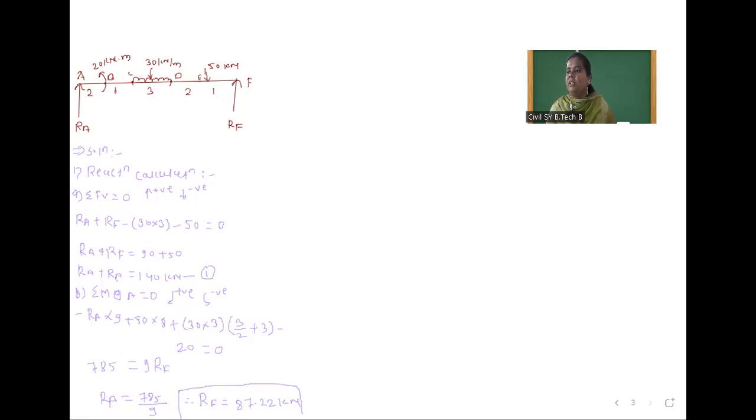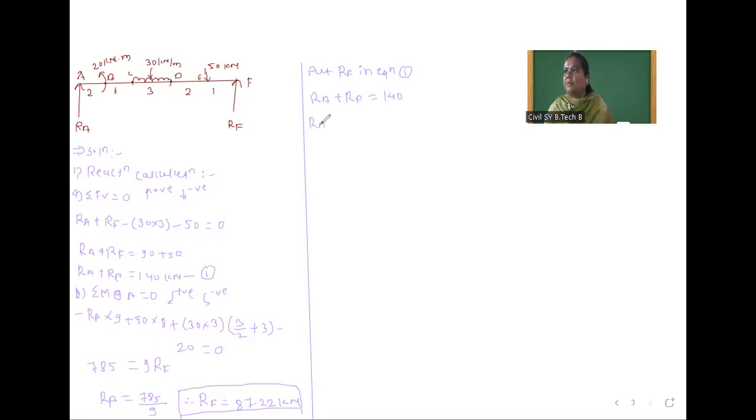Now we will put this value in equation 1 and calculate the reaction at A point. So you calculate and tell me RA. 52.78, yes. Put RF in equation 1. RA plus RF is equal to 140.